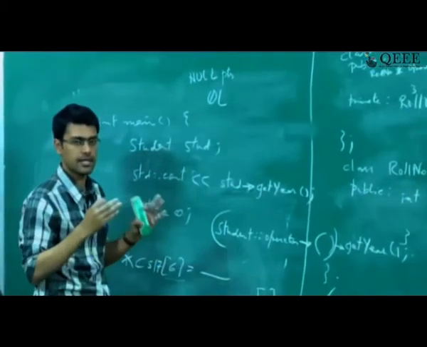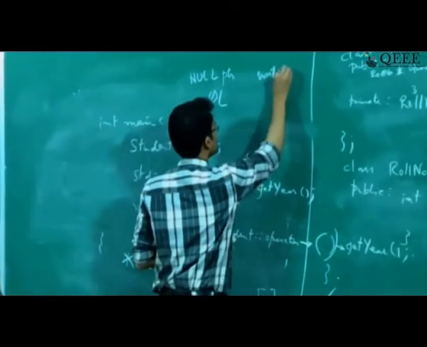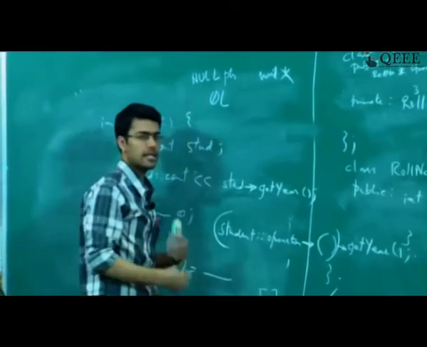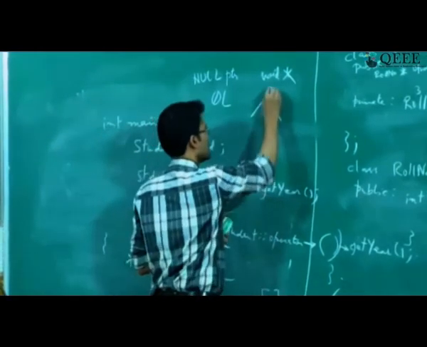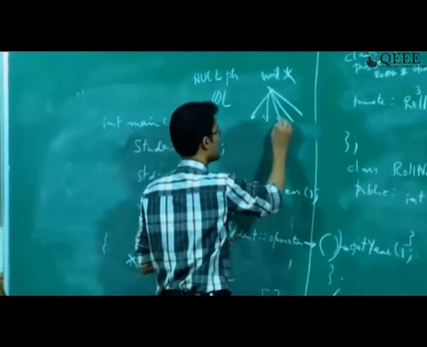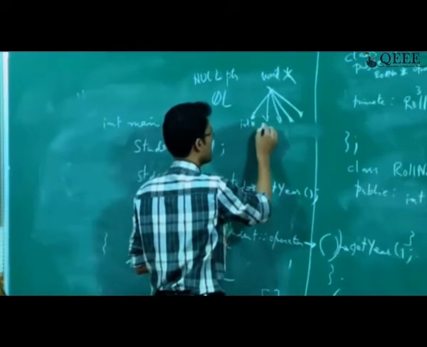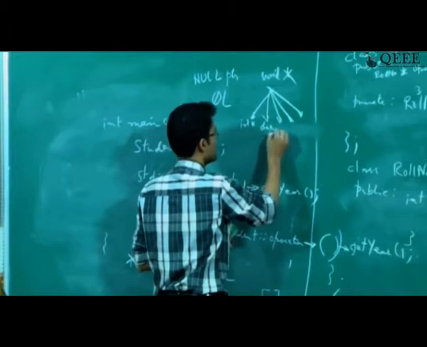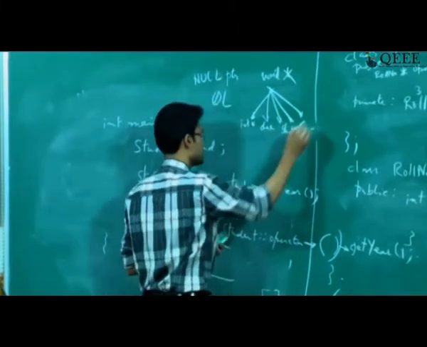A void pointer is essentially an opaque pointer which can point to any arbitrary memory location. So it can be int star, char star, student star, anything.